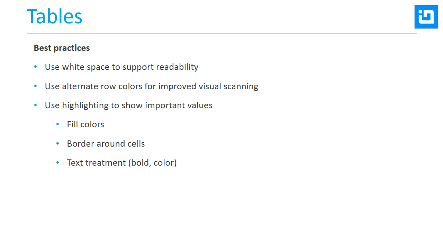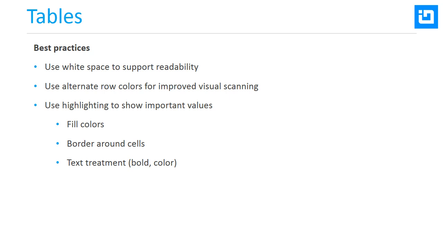Another way to support readability and more visual scanning is the use of alternating row colors, where every other row has a subtle different background color to just show the differences between the rows. You also want to use highlighting to show and stress important values.